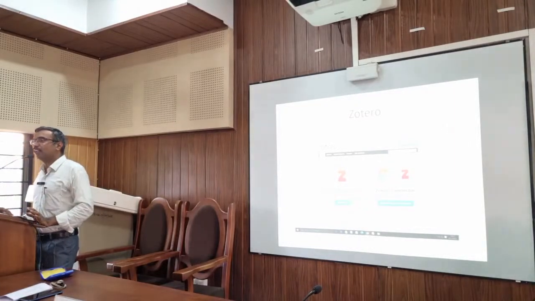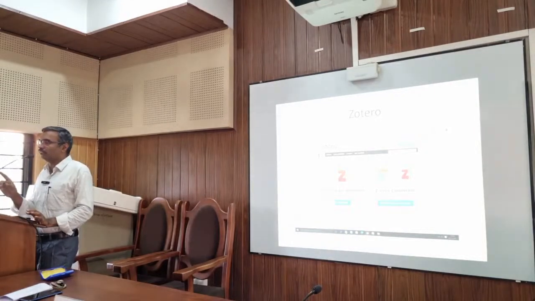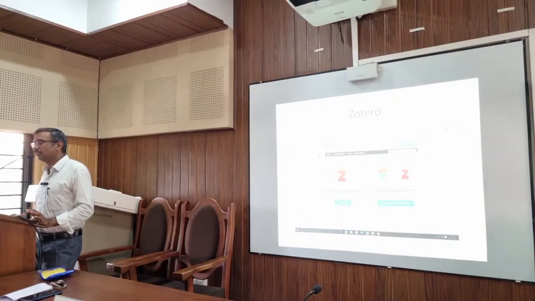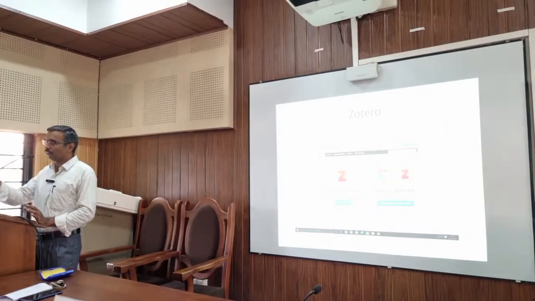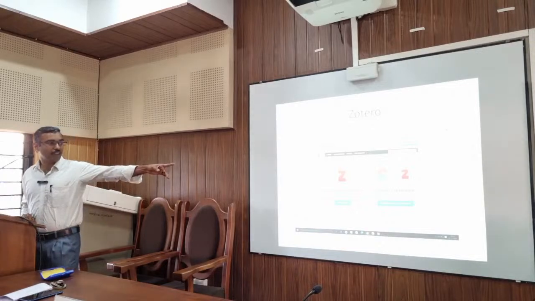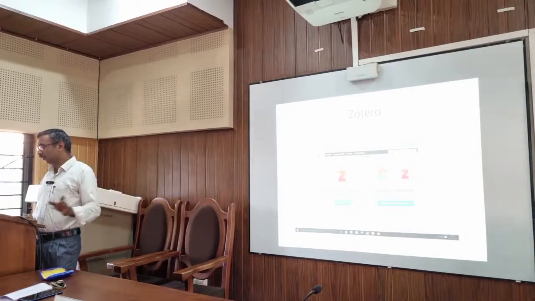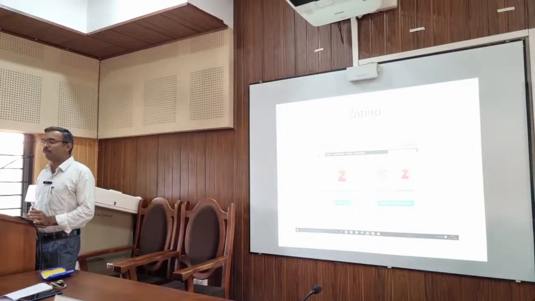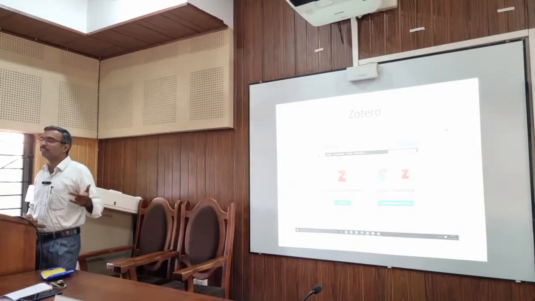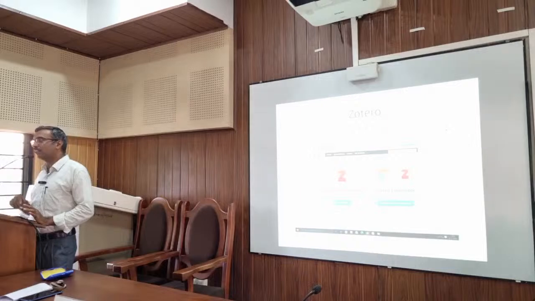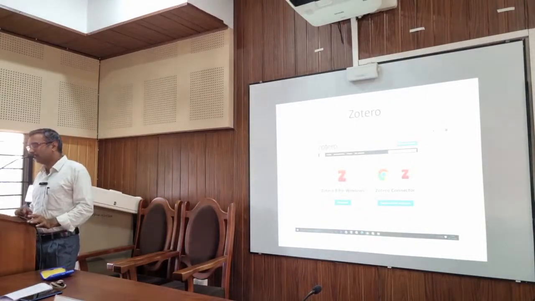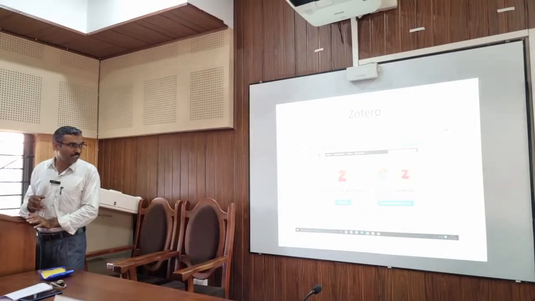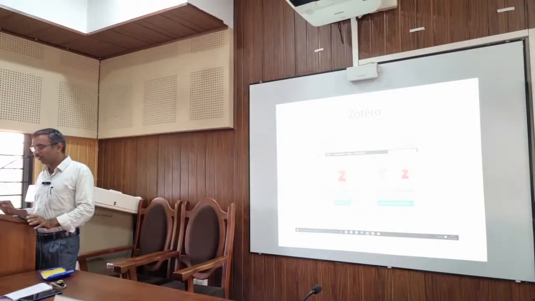Zotero has two additional components. It can connect to our web browser. Suppose we are using Chrome and searching for Zotero using Chrome. This link will come: Install Chrome connector. Suppose we are using Firefox and searching Zotero download, then the page will appear like that: Install Firefox connector.